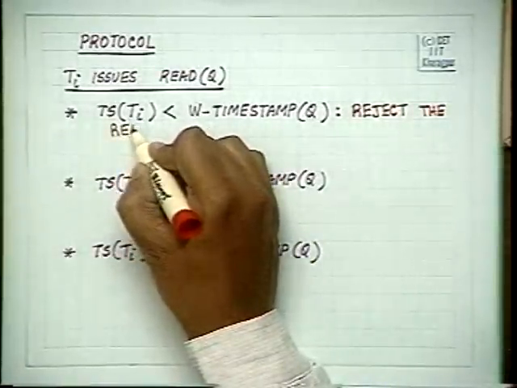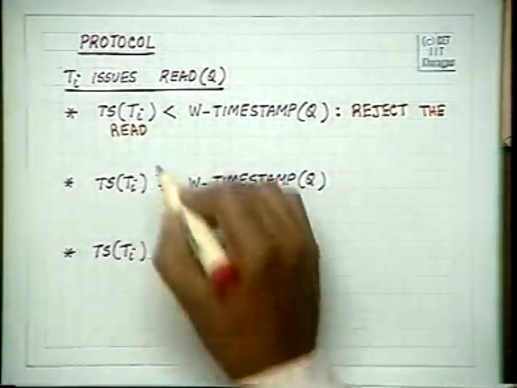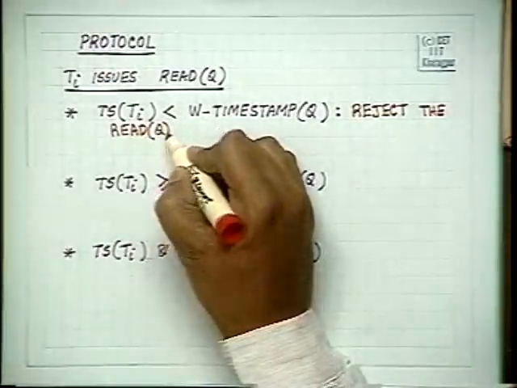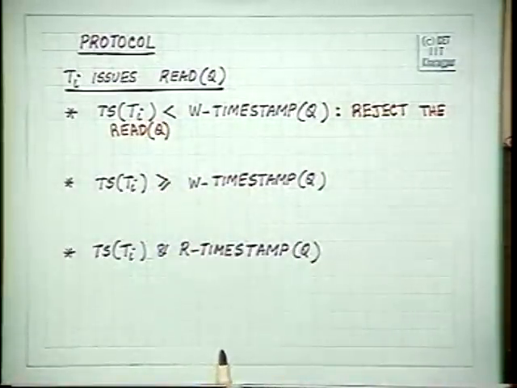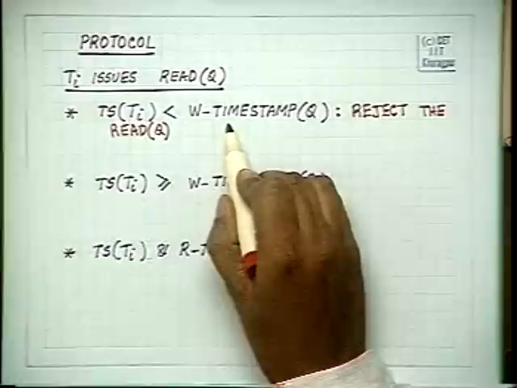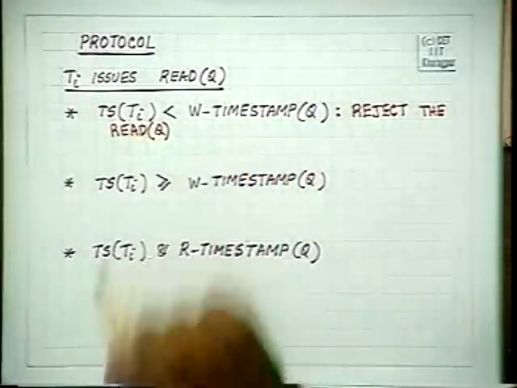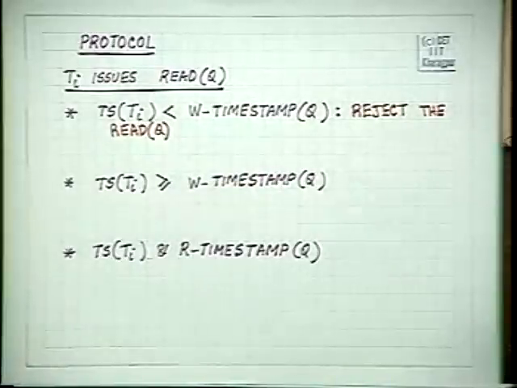This read cannot be allowed because it is trying to read a data item which has been written by a transaction Tj, and Tj started after Ti. It may be consistent, but it will not be conflict serializable to Ti followed by Tj. So, this read will be rejected, but the question is how do we proceed with the transaction Ti?